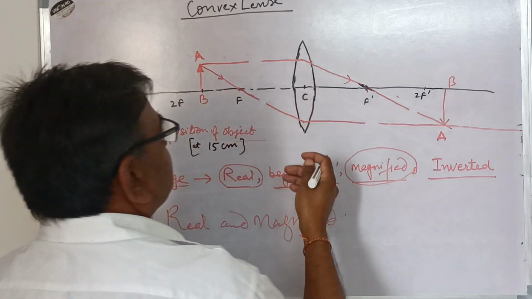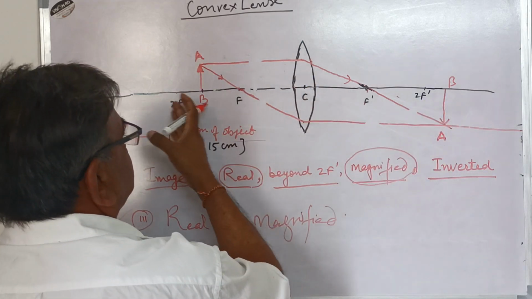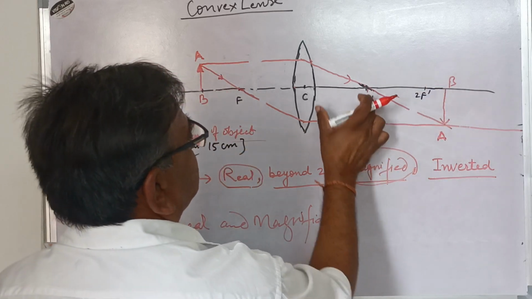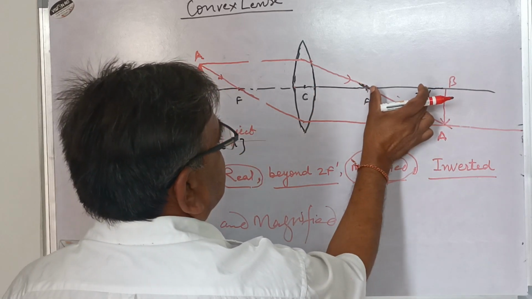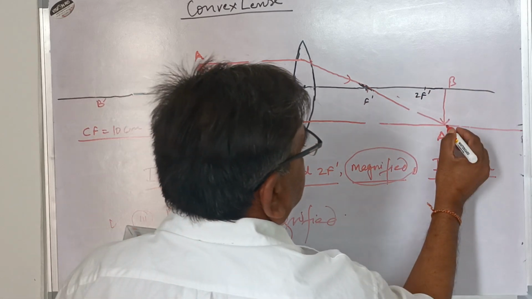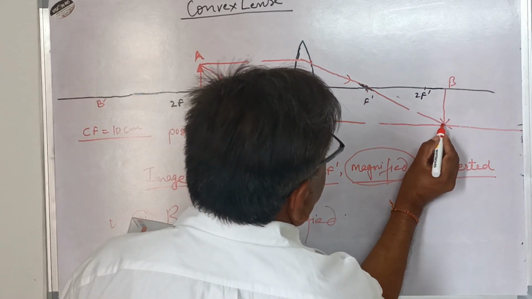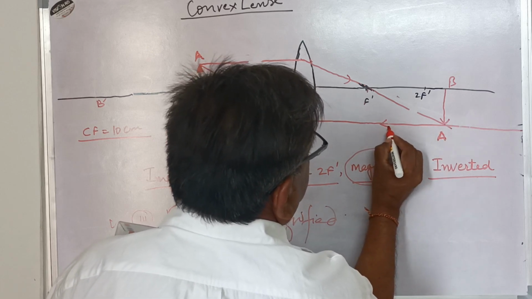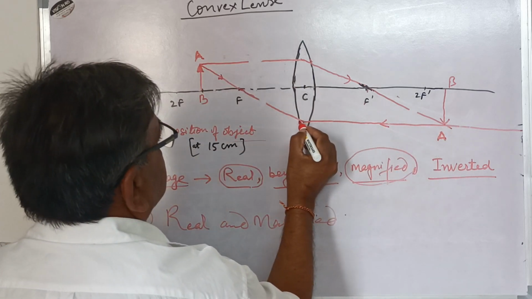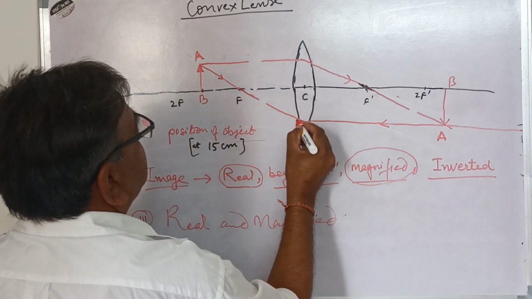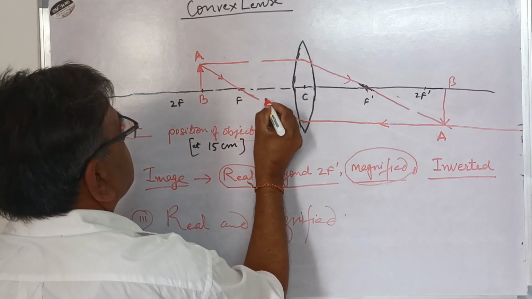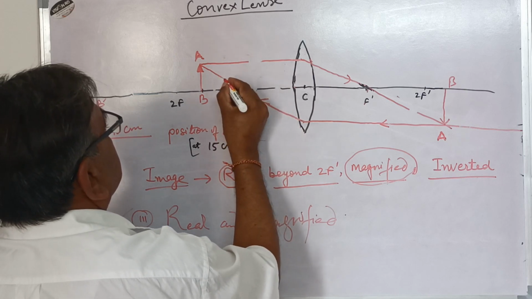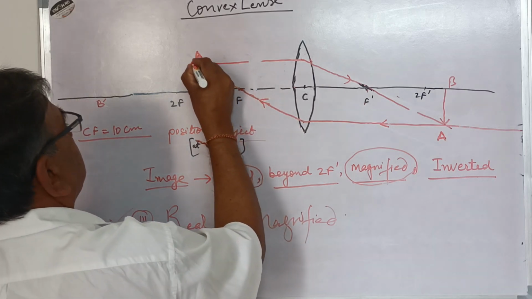Then it is a lens, whether you start from this side or this side. It is beyond 2f, at a distance of 25. This is 10, this is 10, 20, and this is 5, 25. This is your object. Let a ray start from here, parallel to the principal axis. After refraction, it will pass through focus, and this will go in this way.